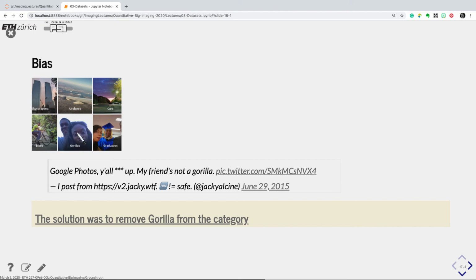So the training algorithm didn't really recognize them, and that was a problem because probably they had too many gorillas in the database, and that all of a sudden under these conditions made this label. So someone got pretty upset, and Google took the algorithm down, of course, and the first solution was actually just to remove the gorilla category completely. So the database for some time didn't find gorillas.